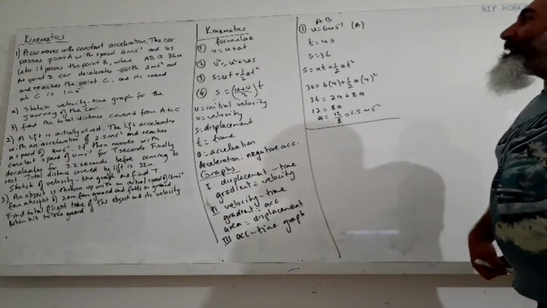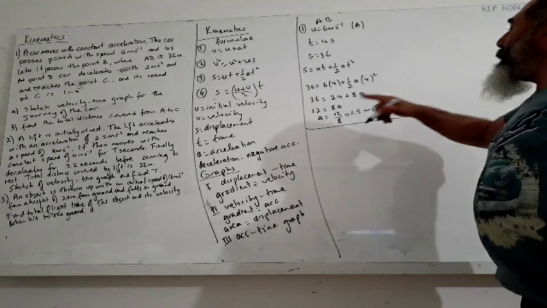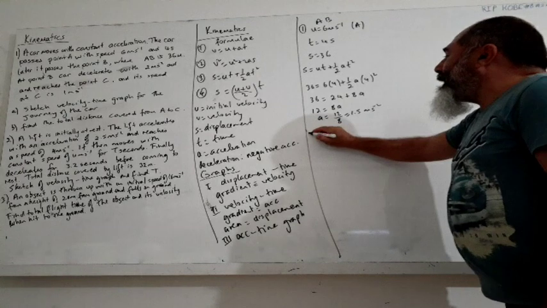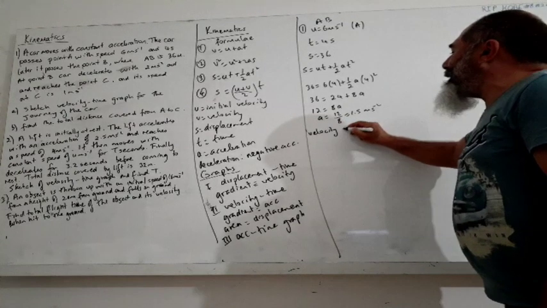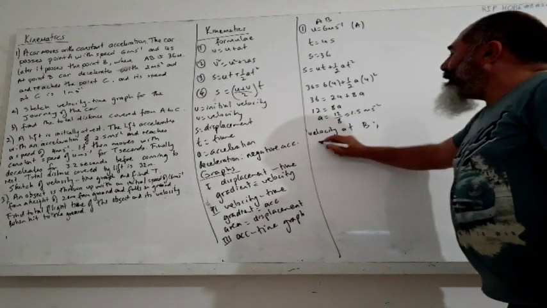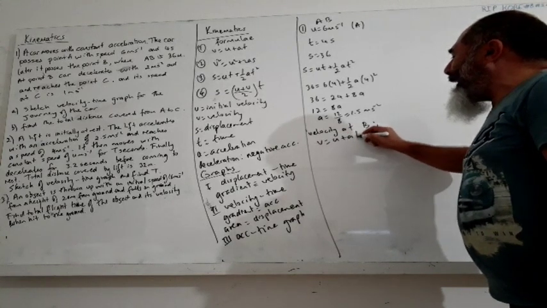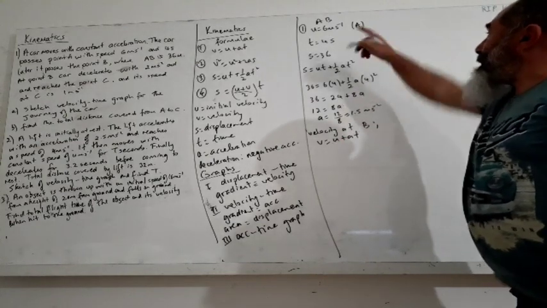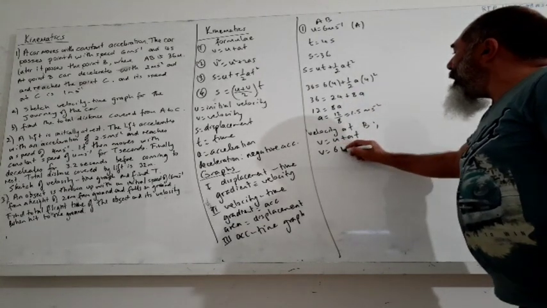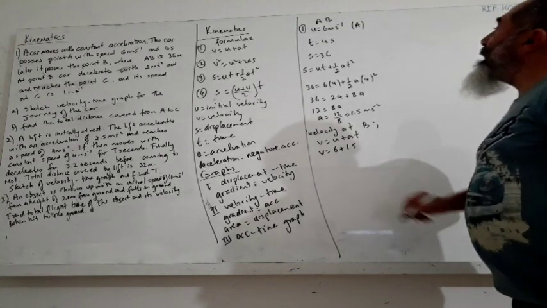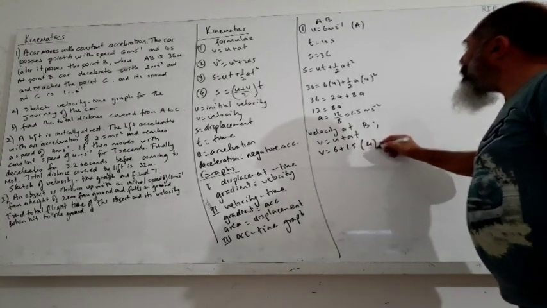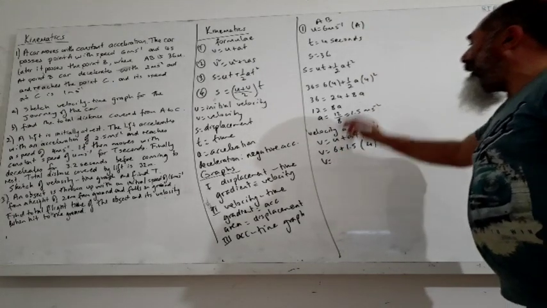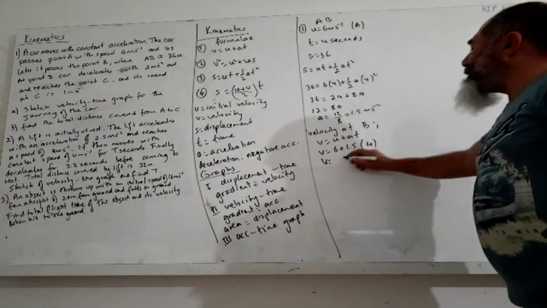So now we know the acceleration, we can find the velocity at B. To find the velocity at point B, V is equal to U plus AT, and time is 4 seconds. So the velocity at point B is going to be 12 meters per second.